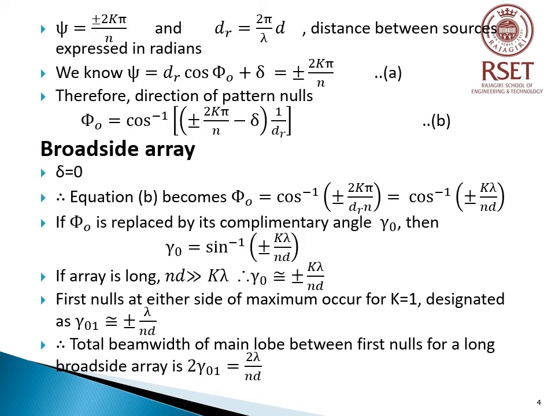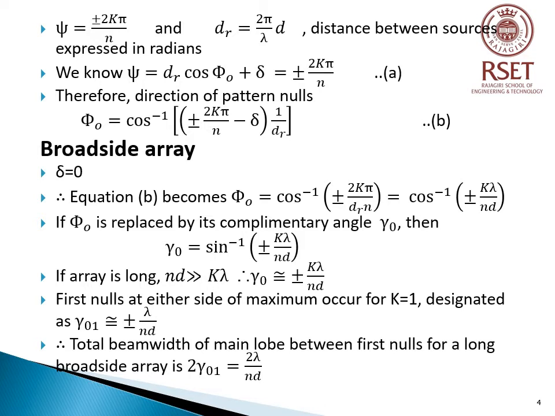Okay, and we are going to replace phi naught by the complementary angle gamma naught. This phi is measured from the x-axis, gamma is measured from the y-axis. So if you are writing in terms of gamma, this cos inverse has to be taken as a complementary. Therefore gamma naught will be sin inverse of plus or minus k into lambda by n into d. And for very long arrays, what happens to n into d? n is the number of sources, d is the separation between the sources.